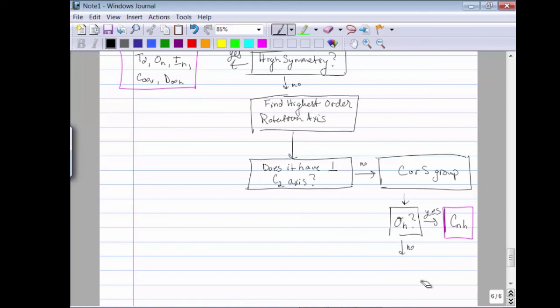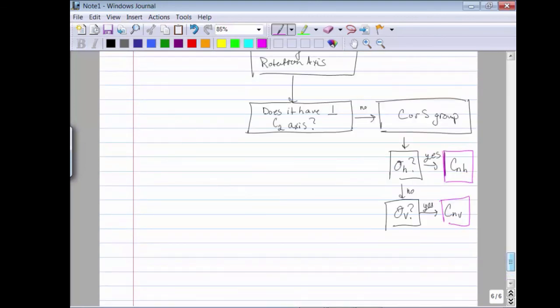If it does, then it's a Cnv. And if it doesn't, then you ask yourself, does it have an S2n, so an improper rotation?